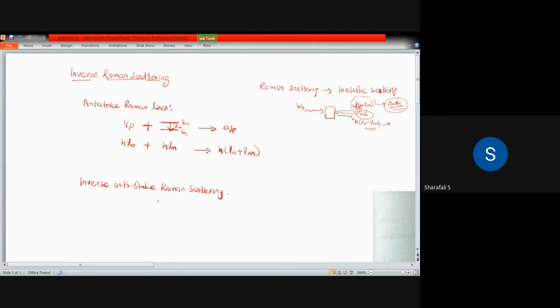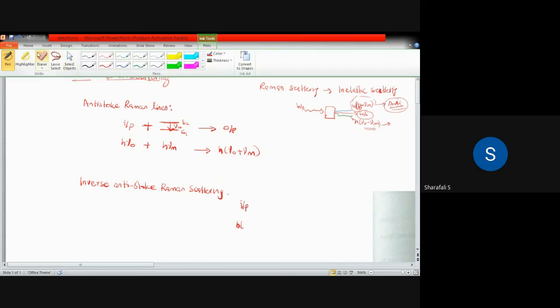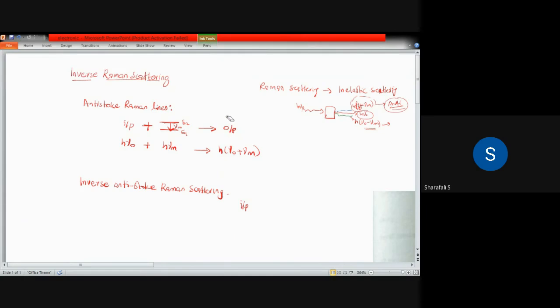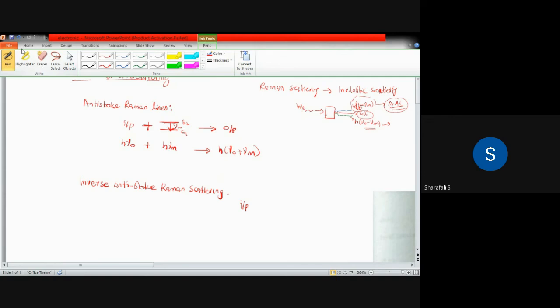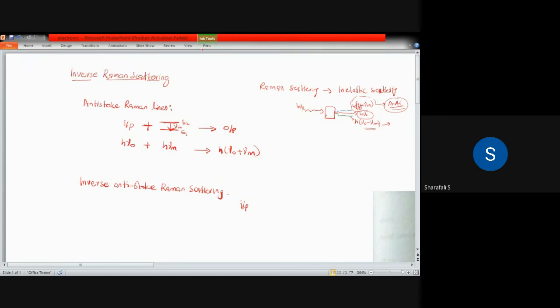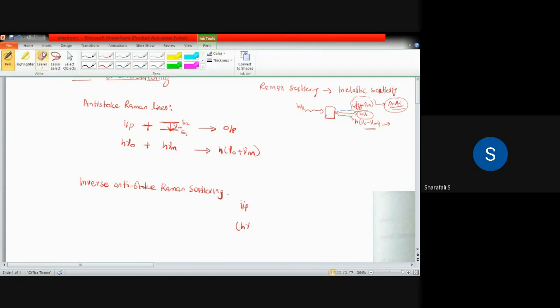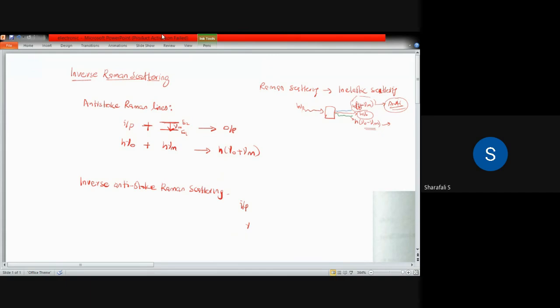In this case, the input will be on this side, so we can write input here, and the input will be h times nu 0 plus nu m.